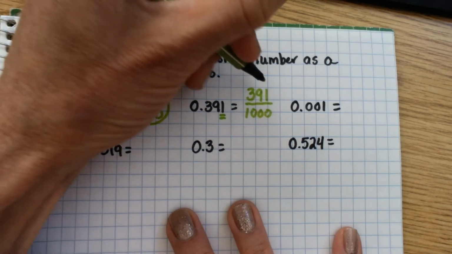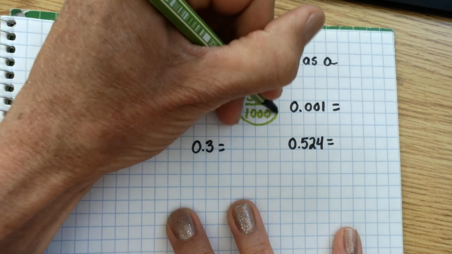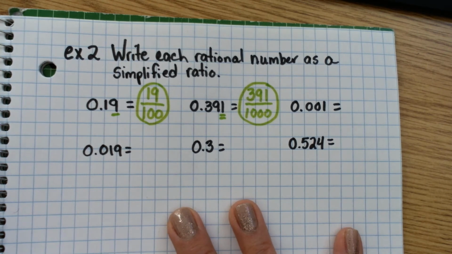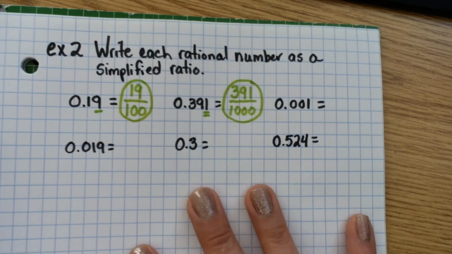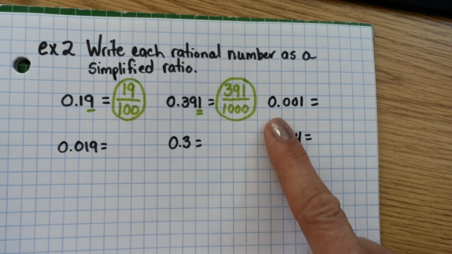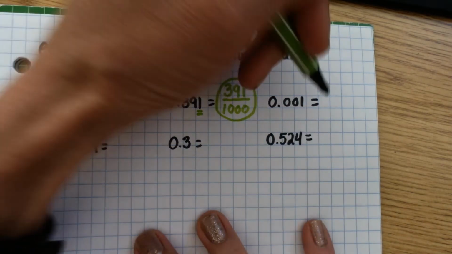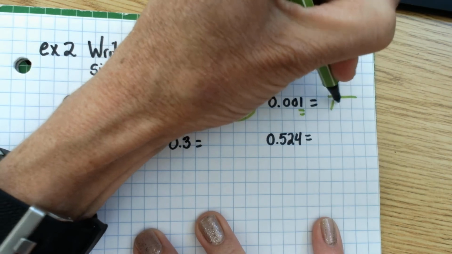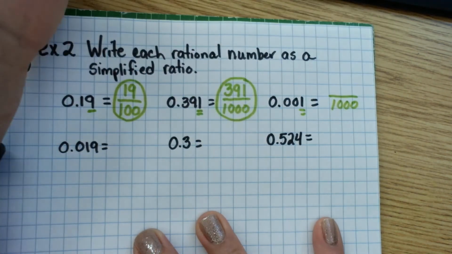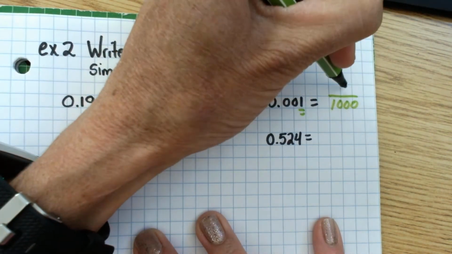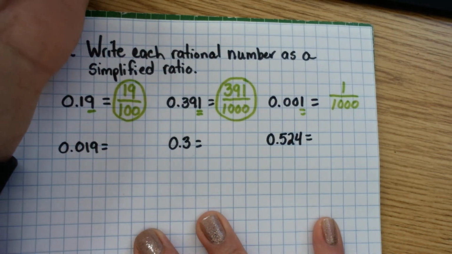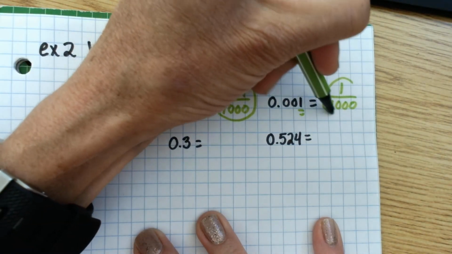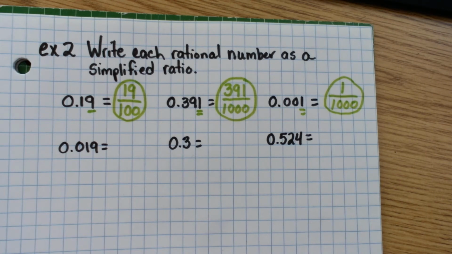Once again, that number cannot be simplified or reduced, so there's our simplified ratio. Next, 0.001 or 1 thousandth. Again, our denominator is the thousandth, and it's just 1,000, which cannot be further simplified, and there's our answer.